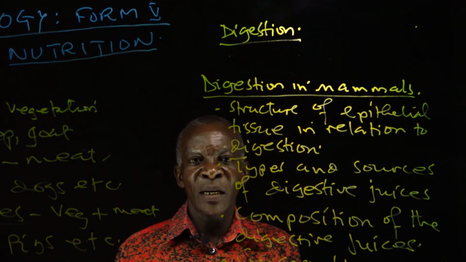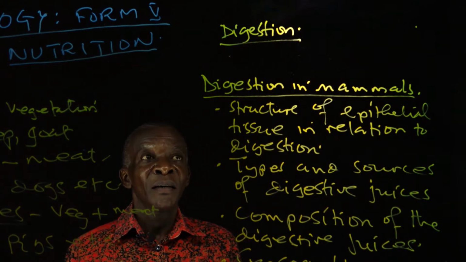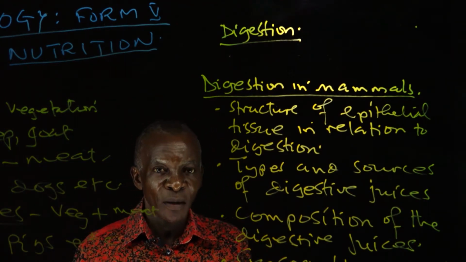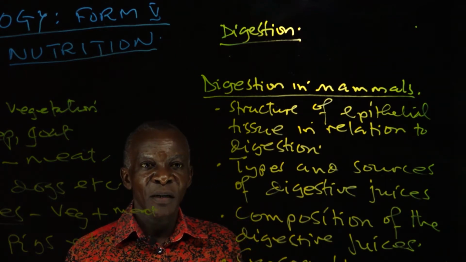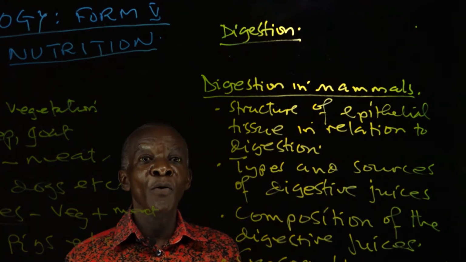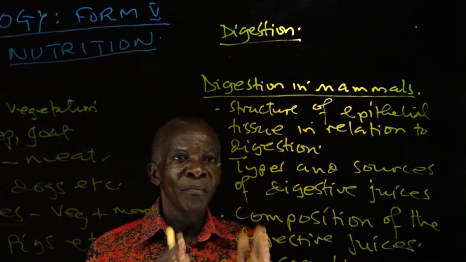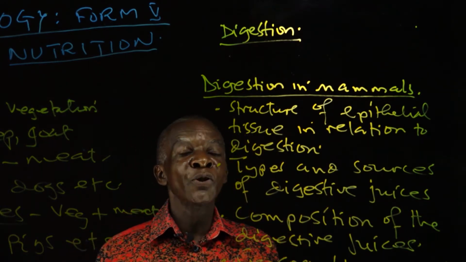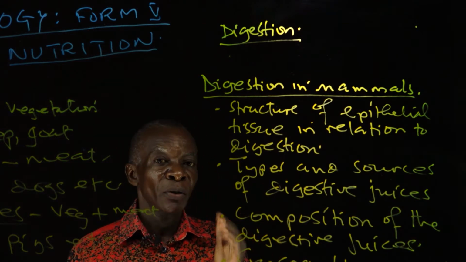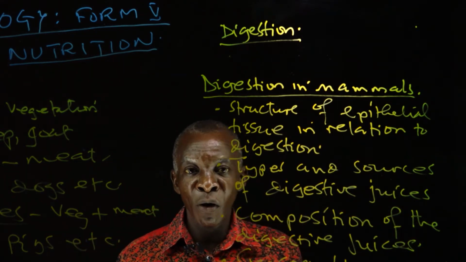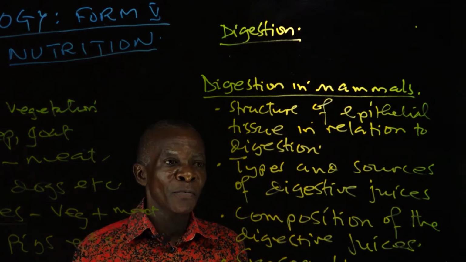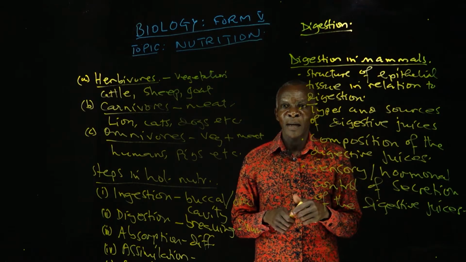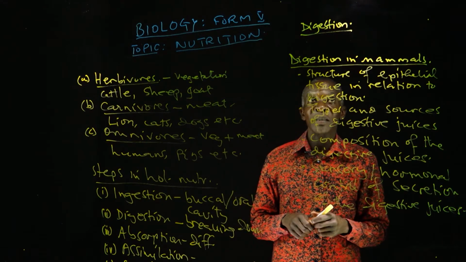Well, remember we said that digestion is a process by which complex, large, insoluble food particles are broken down into simple, soluble, small, and absorbable forms along the alimentary canal, along the digestive tract.